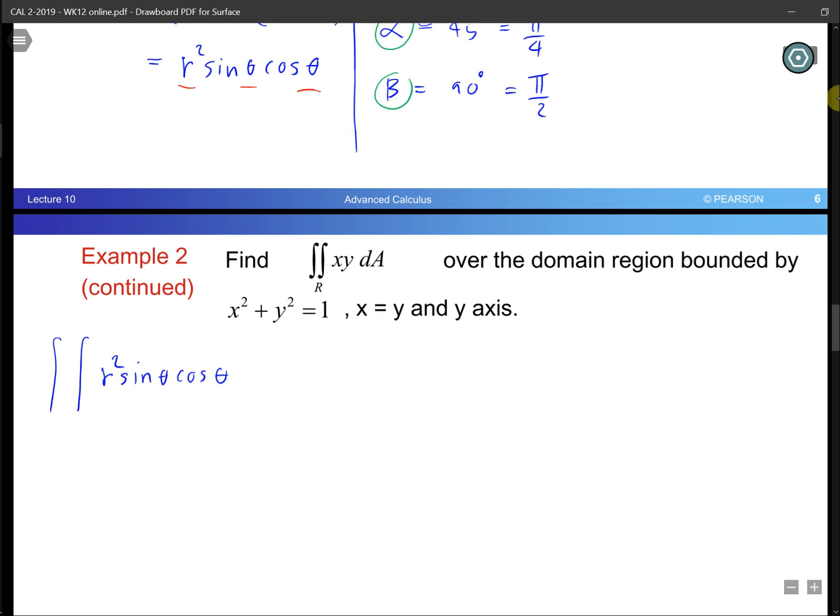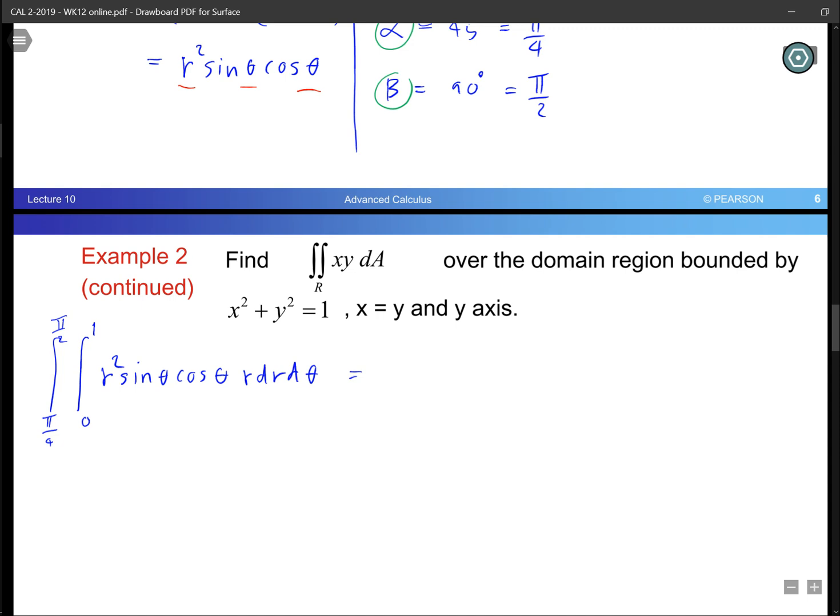And after this is dA, and we know it's r dr d theta. Now inner function, we have found that is equal to 0, and outer function is r equal to 1. For the angle, starts from 45 degrees, pi over 4, ends at 90 degrees, pi over 2.